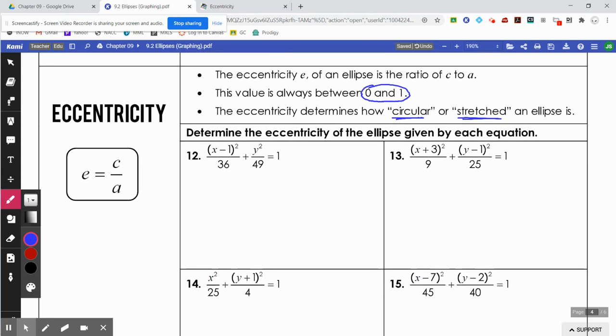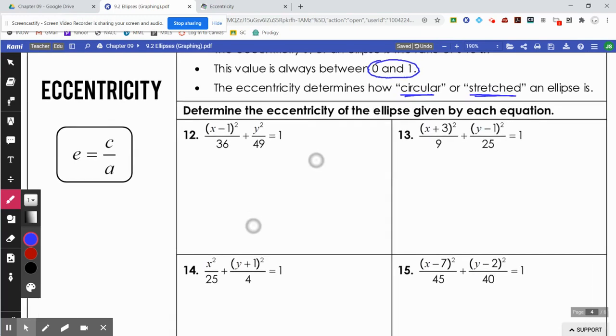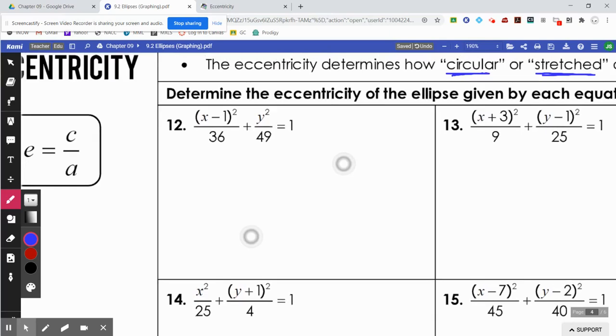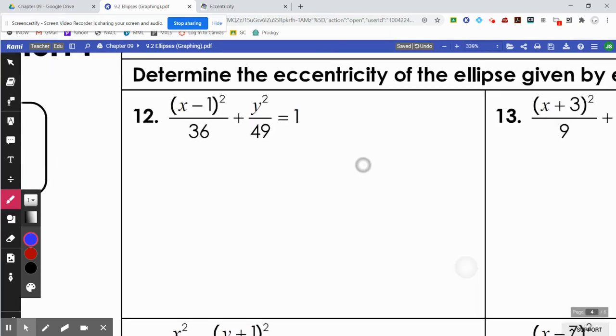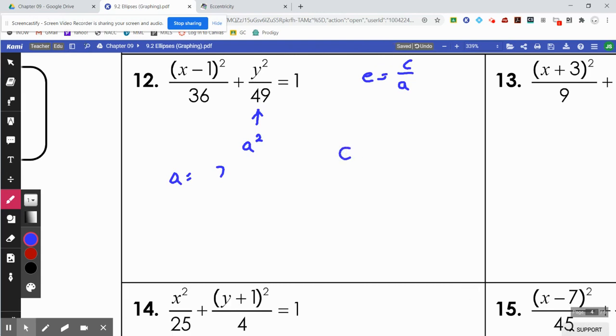So let's try this. Eccentricity, again, is simply the ratio of C to A. So let's determine the eccentricity of each ellipse. So again, E is equal to C over A. So here is our A squared value, so therefore our A is going to be positive or negative 7, and for eccentricity, we're just going to use the positive value. We know that C squared is equal to A squared minus B squared.